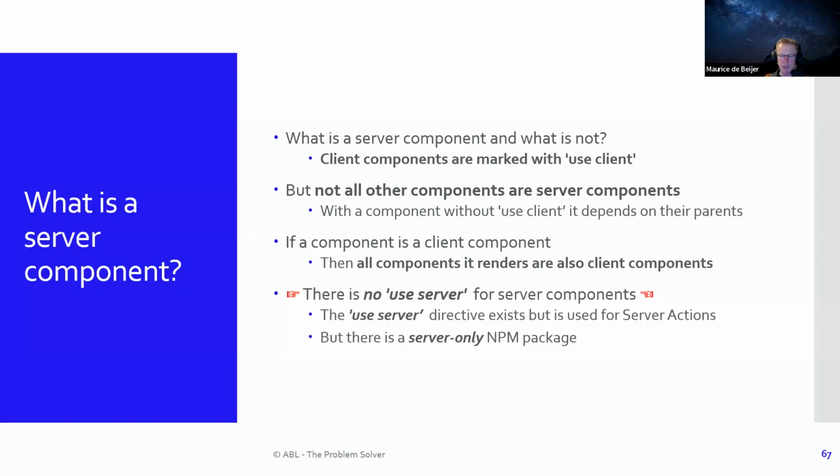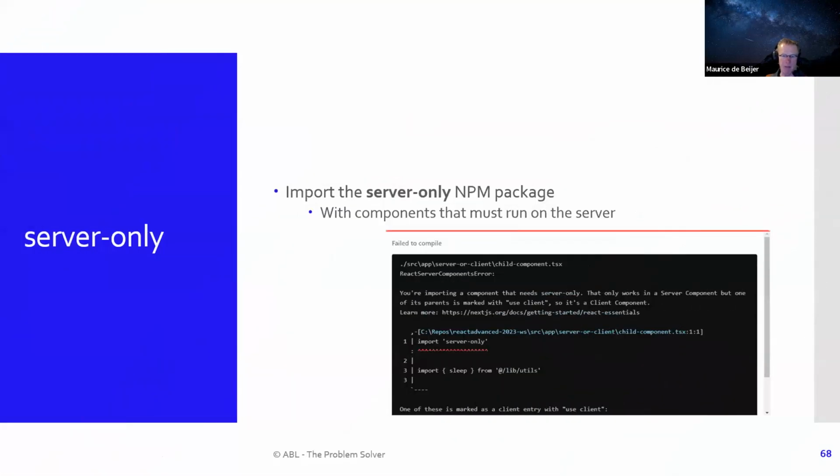But it was still async, and client components should at the moment never be asynchronous. There are plans to make client components asynchronous as well, but right now that's not a supported scenario. So with this import, you can prevent that from happening.